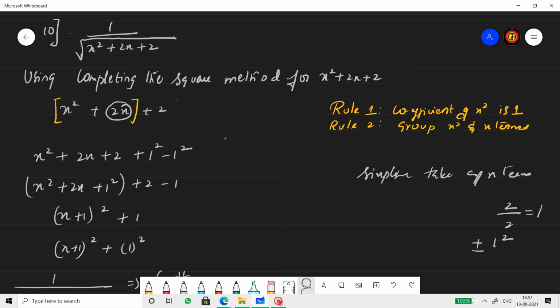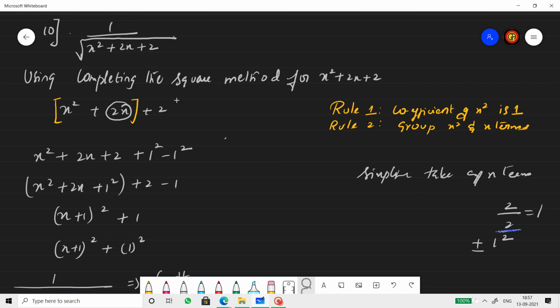Rule number 2, group the x square term and x term. After you get rid of the x square coefficient, group the x square term and x term. After grouping that, consider only the coefficient of x in the rough column. You can see me writing here. Consider only the coefficient of x, not the x term. So here it is 2.